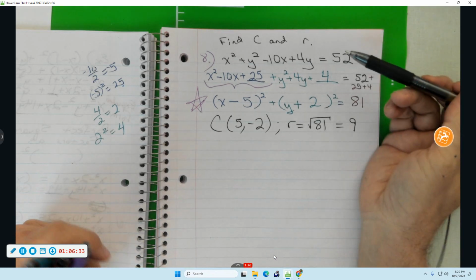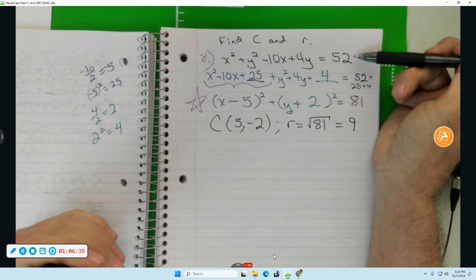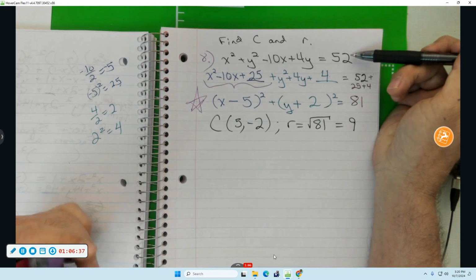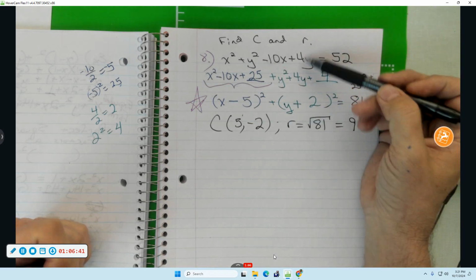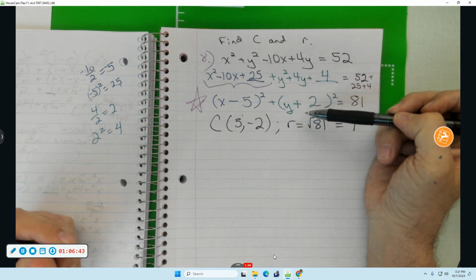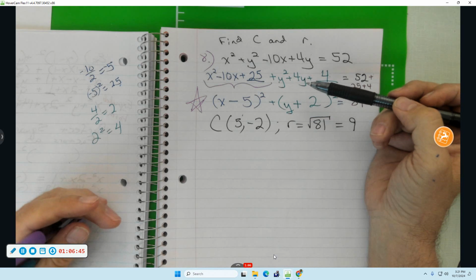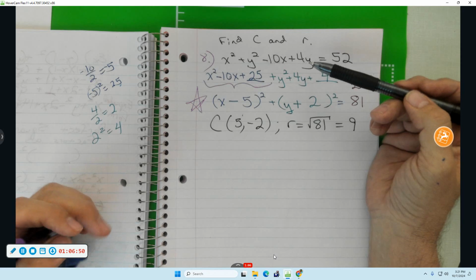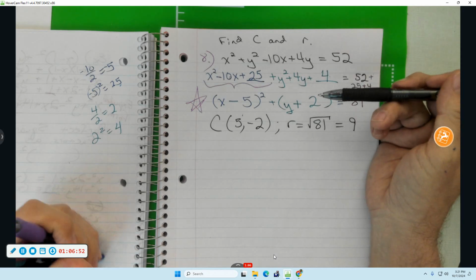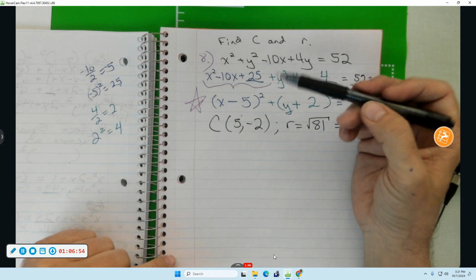You are going backwards. Someone took the equation and expanded it. You're having to go through creating perfect squares. This process of creating perfect square trinomials is called completing the square. And I told y'all we'd be seeing completing the square when we got to circles, and that's what we're doing right now.